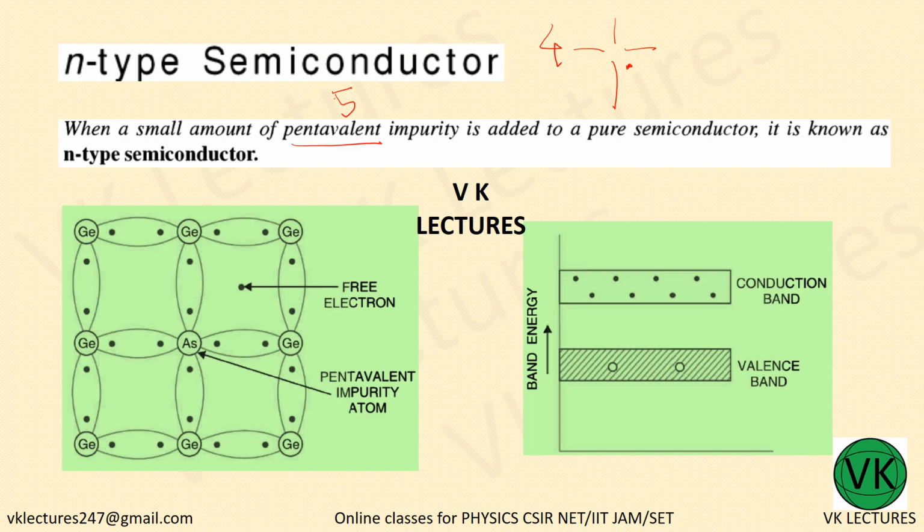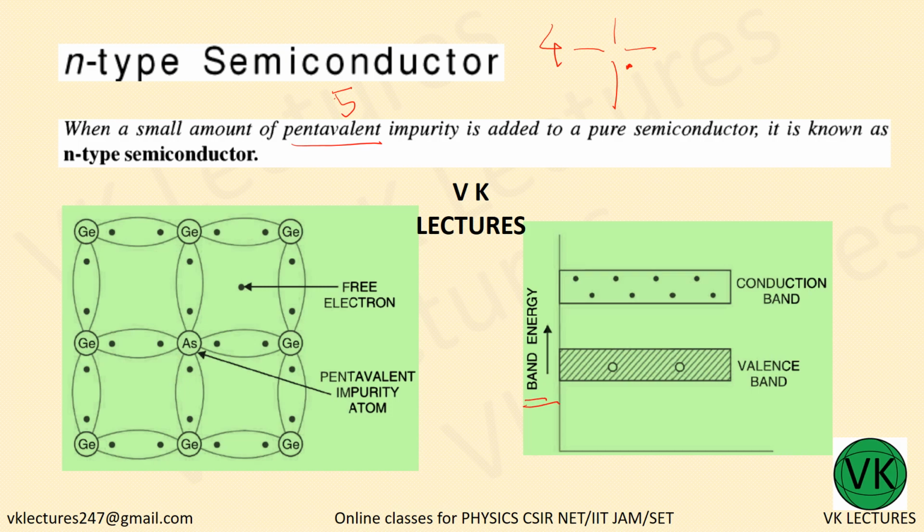It has to go out of the valence shell, but it is well within the vicinity of the atom. Vicinity of the atom means the nucleus still has a hold on that particular electron. It is not completely away, but it is far enough from the nucleus that it can take part in the conduction.